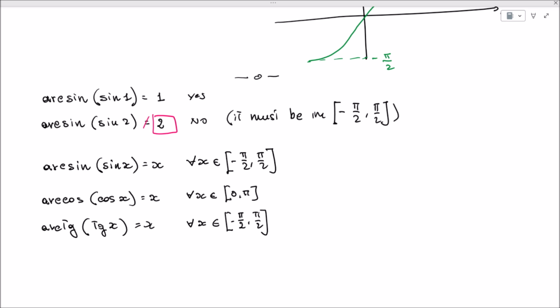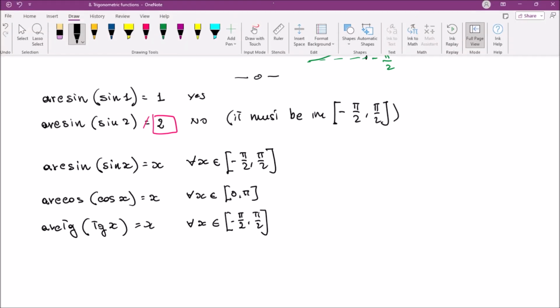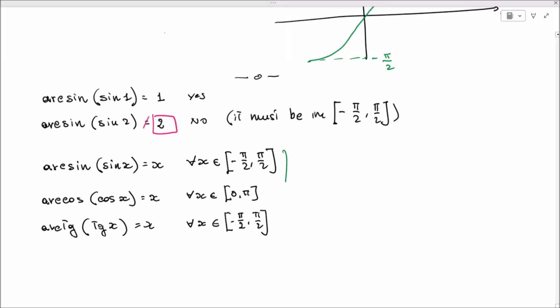So this is the codomain of the arc tangent. Somehow these three hold because we need to take into consideration the domain of the functions.